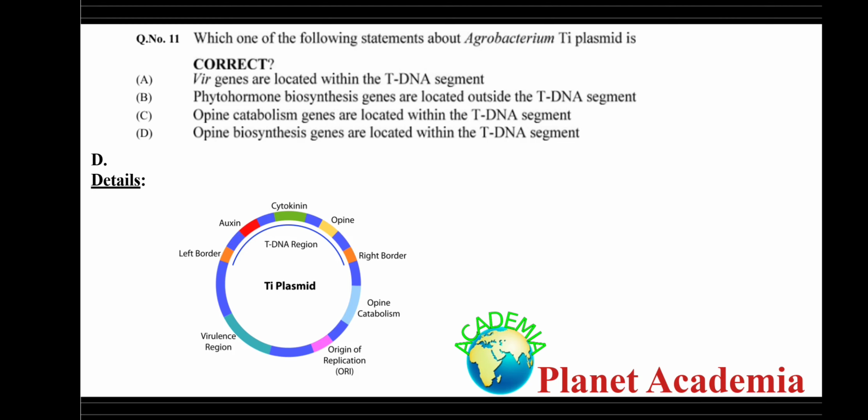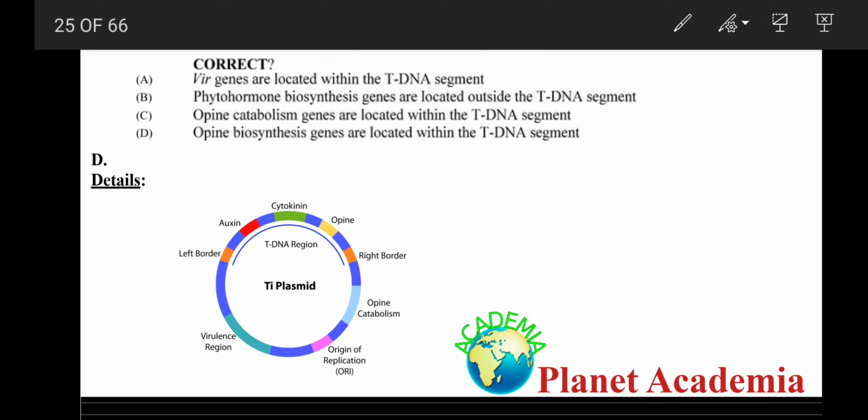Which one of the following statements about the Agrobacterium Ti plasmid is correct? Option A. Vir genes are located within the T-DNA segment. You can see this is the T-DNA region, the transferable region, which can be transferred from the bacterium to the plant cell.